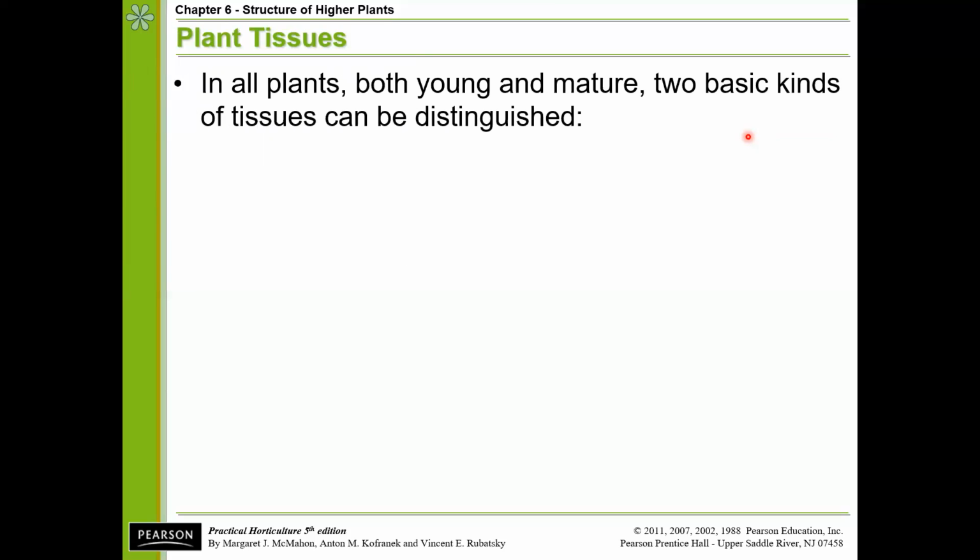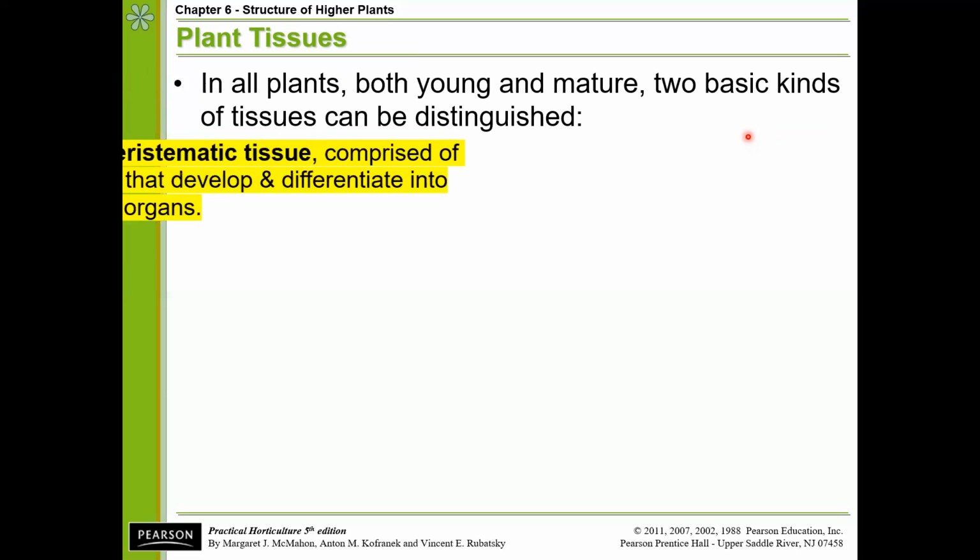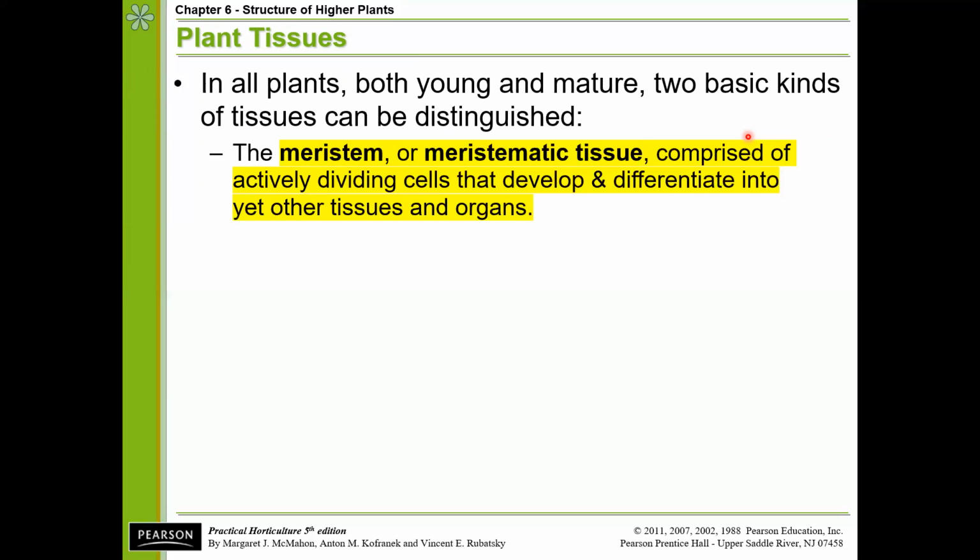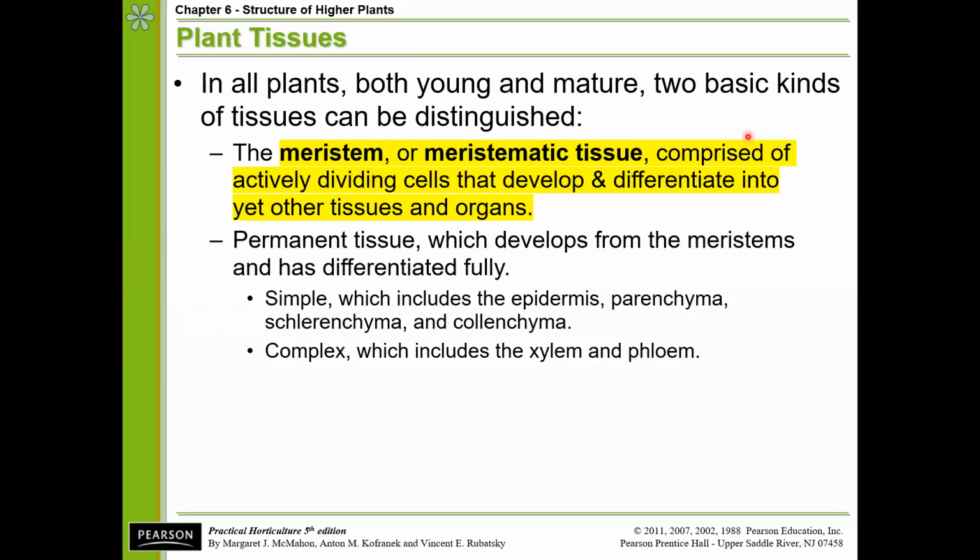So in all plants, both young and mature, we look at two different kinds of tissue, which we already mentioned. First, we have the meristem itself, or meristematic tissue, which is the actively dividing cells that are then developing and differentiating into other tissues and organs. And then we also have the permanent tissue, which is what is developing from those meristems.